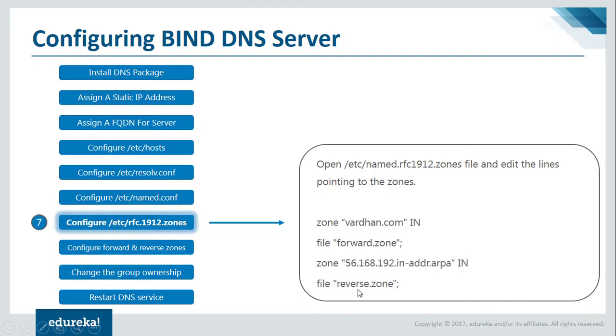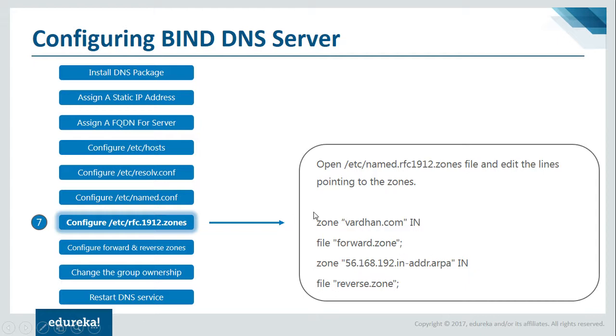If you don't have a reverse zone for your DNS configuration, then if they search you by using your IP address, even if it is correct, they cannot reach you, because that would not be specified in your reverse zone configuration. So that is the thing.